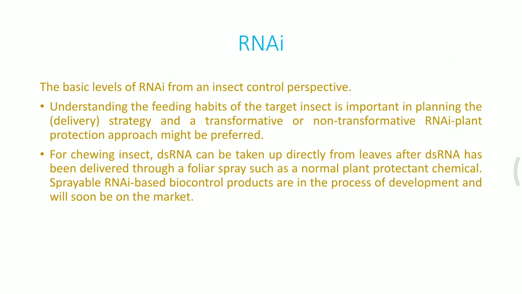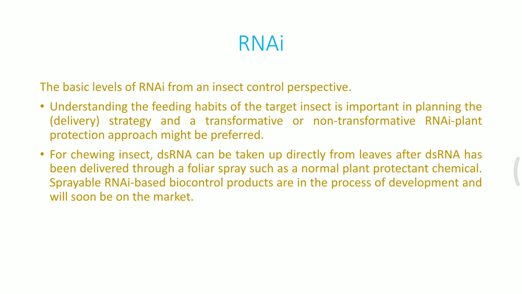For pest control, we should keep in mind two things. The first is the feeding habit of the target insect, and the second is the kind of transformation which we are intending to incorporate into the transgenic plant. If we keep these two things in mind, we can very easily make the transgenic organism.